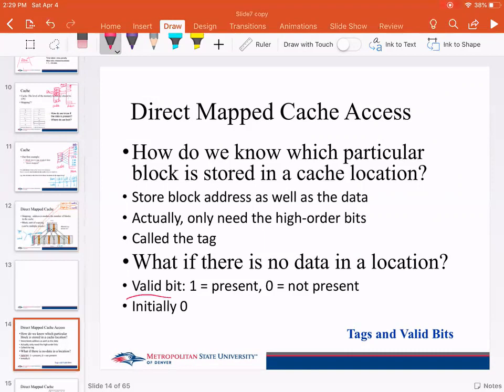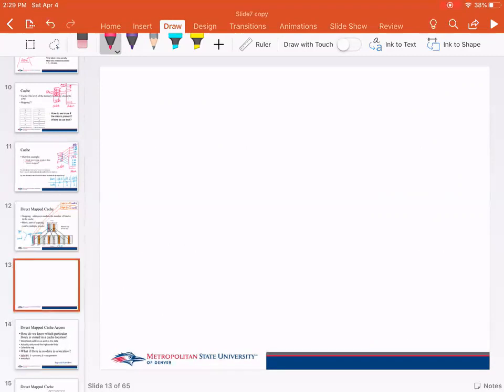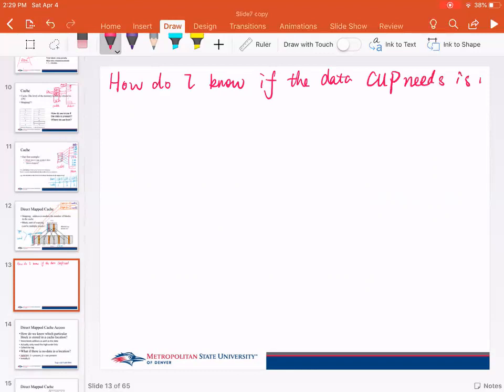And another question will be, how do I know the data I want is in the cache or not? How do I know if the data the CPU needs is in the cache or not?